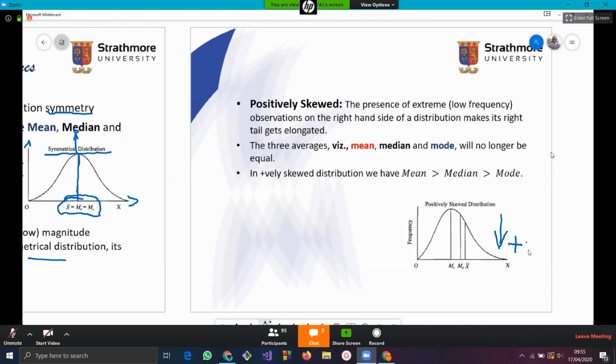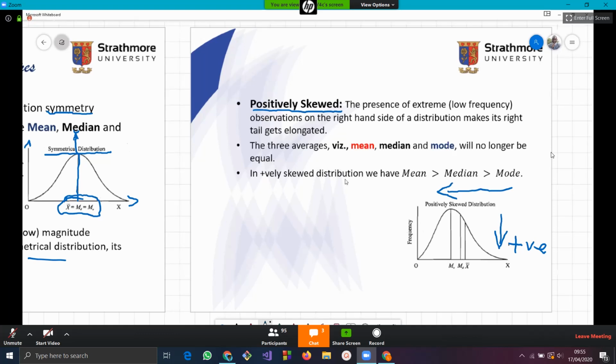In a positively skewed distribution, the graph tends to lie towards that direction. And here, the mean, median, and mode are not equal. The mean is greater than the median, which is greater than the mode, in a positively skewed data set.